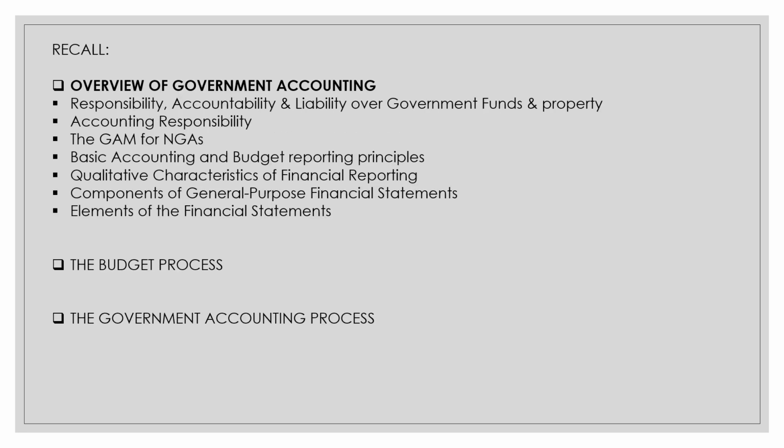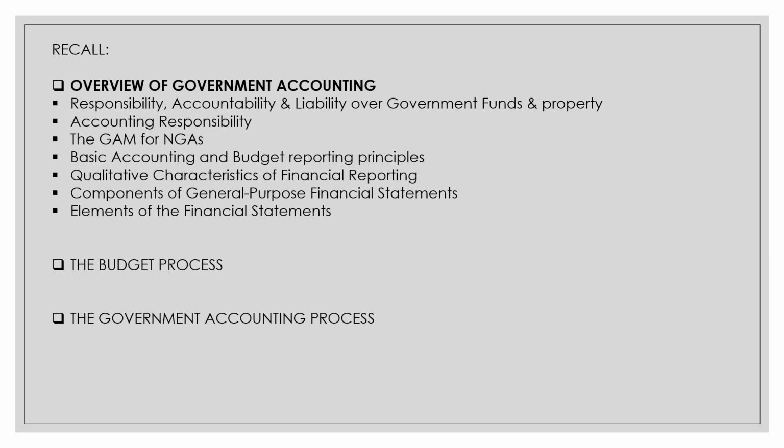So in our first chapter, we discussed in the previous videos the overview of government accounting. So we discussed the definition of government accounting, and the agencies that are responsible for government accounting.